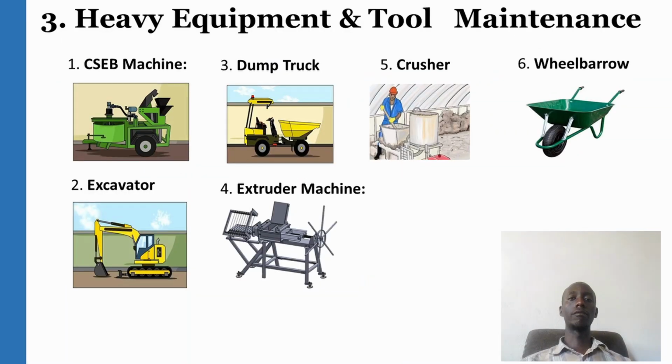The third is heavy equipment and tools maintenance. This one is very important. The first is the CSEB machine. The second is the excavator. The third is dumper trucks. The fourth is the extruder machine. The fifth is the crusher. The sixth is the wheelbarrow.